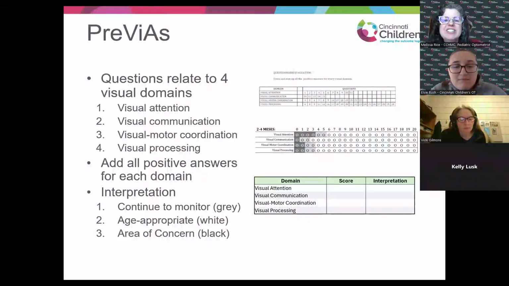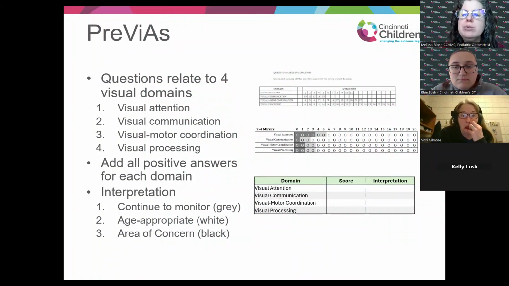Okay, so the questions relate to 4 domains, and these are going to sound familiar the more we talk about CVI: visual attention, visual communication, visual motor coordination, and visual processing. The little top area here says what question on the questionnaire applies to visual attention, and then what question for visual communication, and each of the categories.